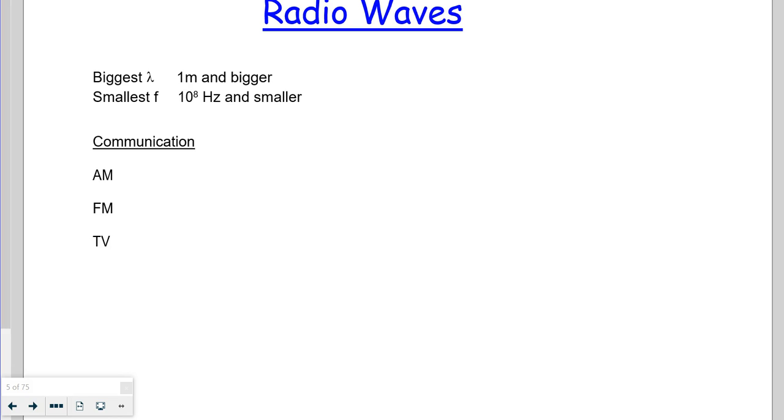FM is typically used for your multiple signals, stereo as such, and AM more of your talk radio. At least that's the way it used to be. Not as much anymore, but still can be that way. And so by encoding information into the wave carrier, they send it to your radio, your receiver decodes that information and then turns it into a sound wave. But the radio waves themselves are actually a form of light.